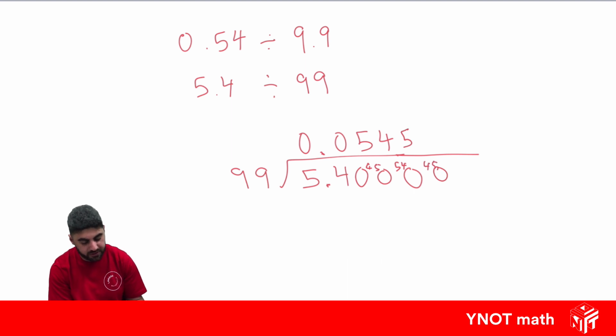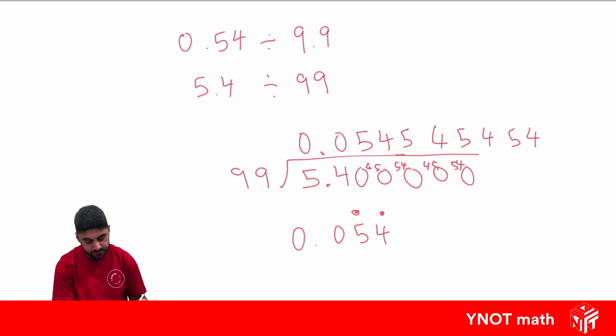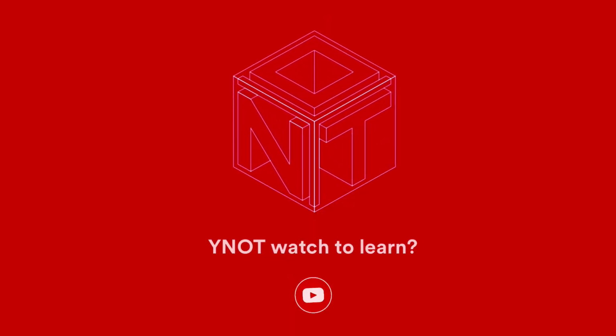And 99 goes into 450, 4 times, remainder 54. And this pattern will keep repeating forever and ever. So here we've got 2 numbers that repeat, and we can write this as 0.054, and since both the 5 and 4 repeat, we put dots above them both.